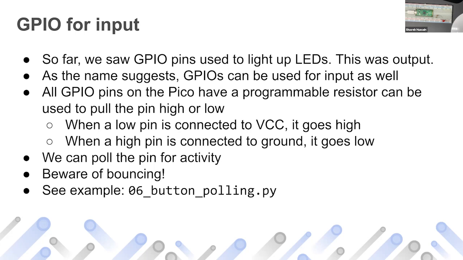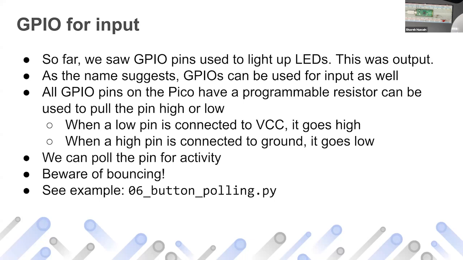Whenever the button is pushed, that pin will go high, to 3.3 volts. For that to work, I'll program the programmable resistor to pull the pin down so that we know the state of the pin. The state of the pin will be 0, and whenever I push the button, the state of the pin will become 1. It's very simple, right? And we can poll the pin for activity.